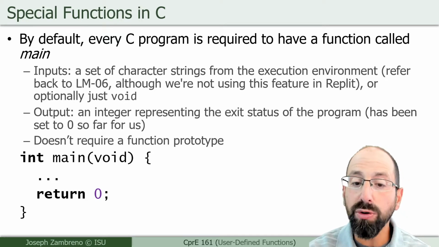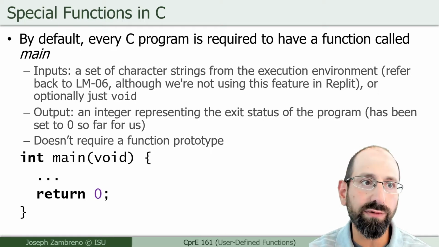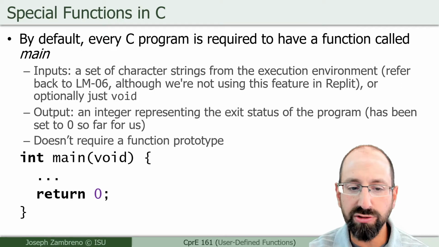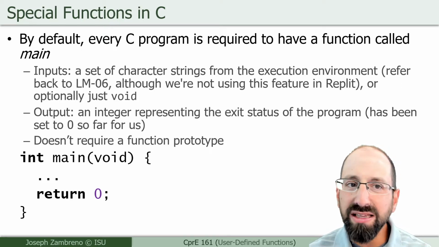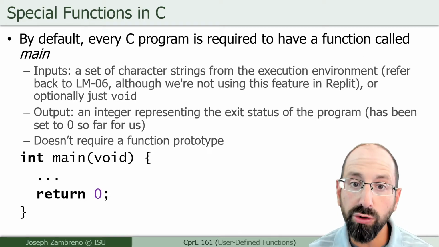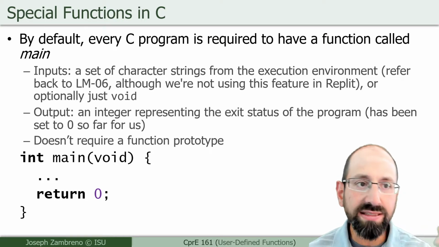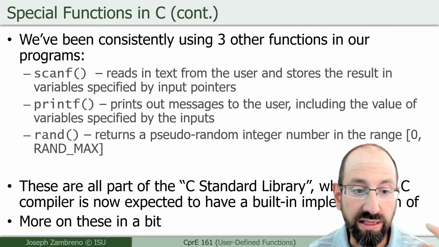And then there's the output, which is an integer to represent the exit status of the program. For almost all of our programs, we've just been returning 0 as the end result of our main function. And because main is assumed to be there in every one of our C programs, we don't actually have to have a function prototype. So that is our basic int main with no input argument, returning 0 at some point in it.